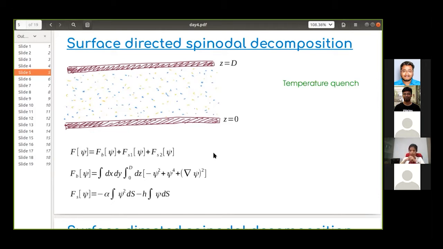For the bulk free energy, typically what is done in the literature is one characterizes the bulk free energy in terms of something called the Ginzburg-Landau free energy functional.